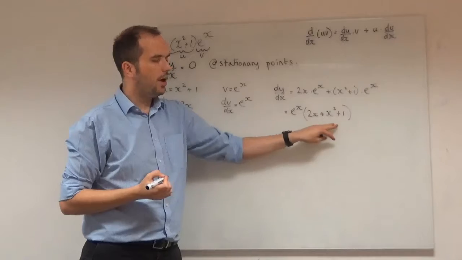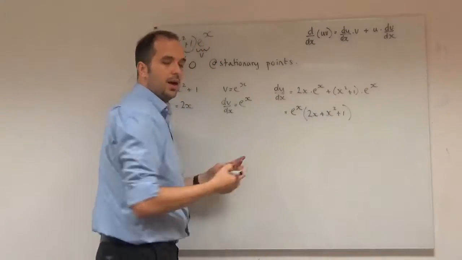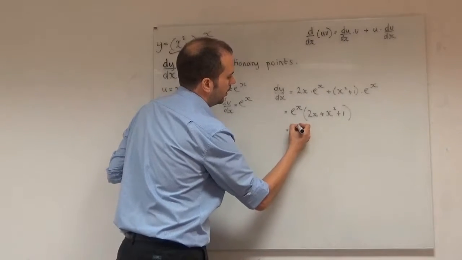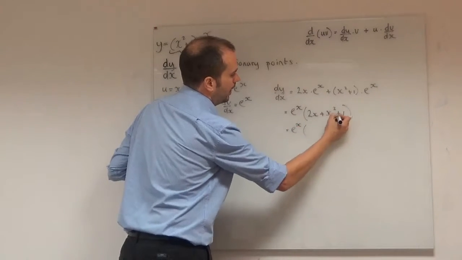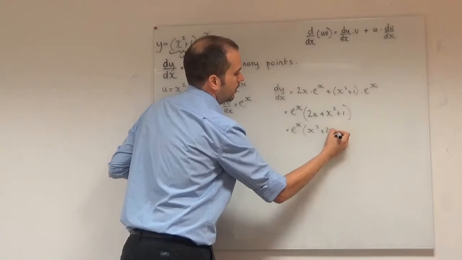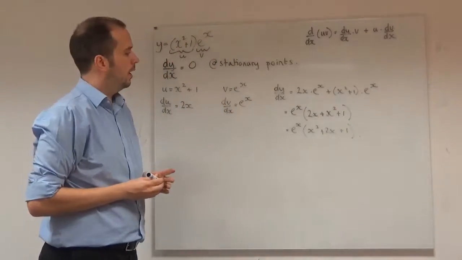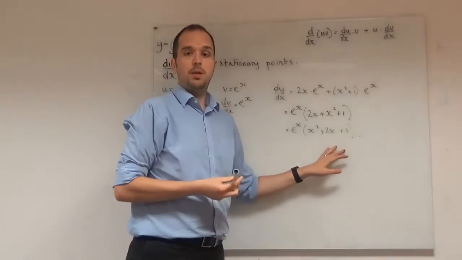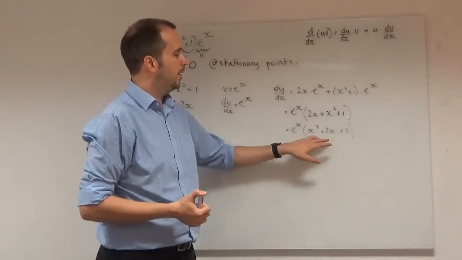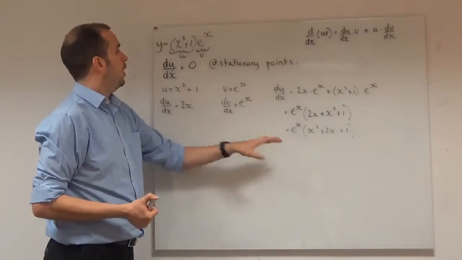I'm just going to rewrite this bit in the bracket because it's a quadratic, and with quadratics I like having the squared power first. I'm going to rewrite this as e to the x times x squared plus 2x plus 1. The only reason I've done that is because with quadratics we like having the x squared term, then the x term, and then the constant term. So that's dy by dx.